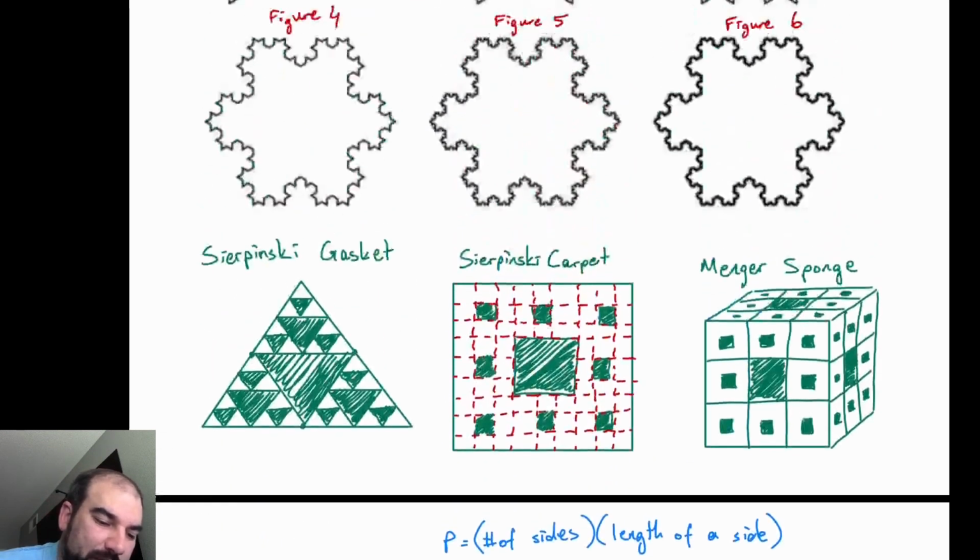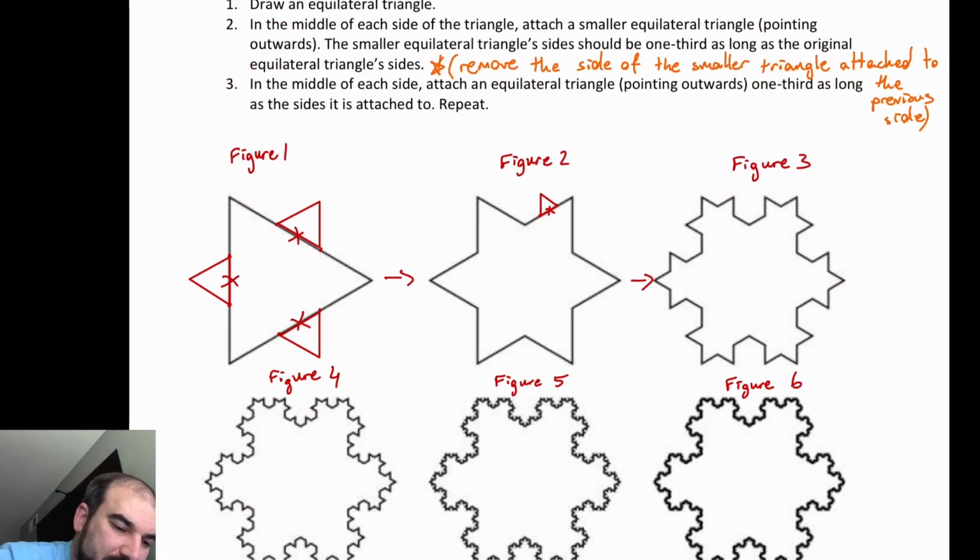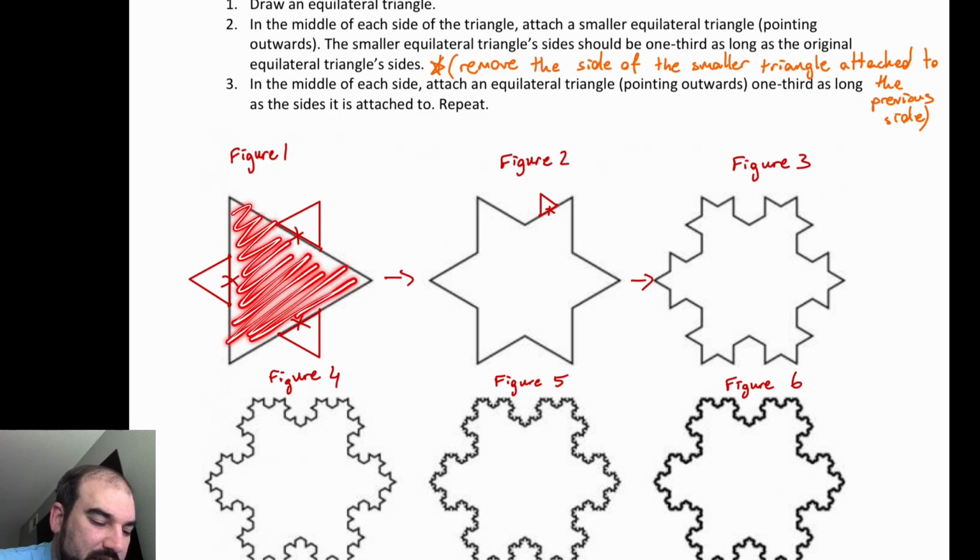If we think about the pictures here, we have the original triangle. So let's say that has some area, right? It's just however much stuff fills in this space.